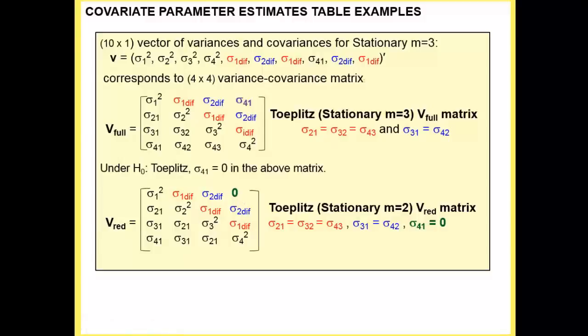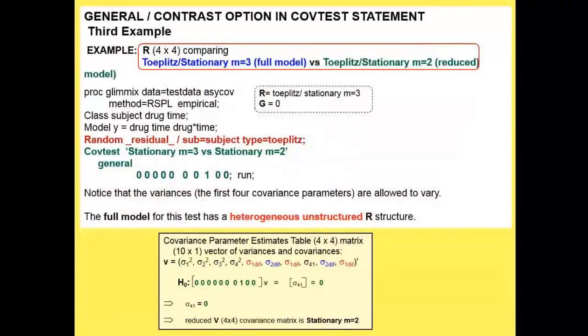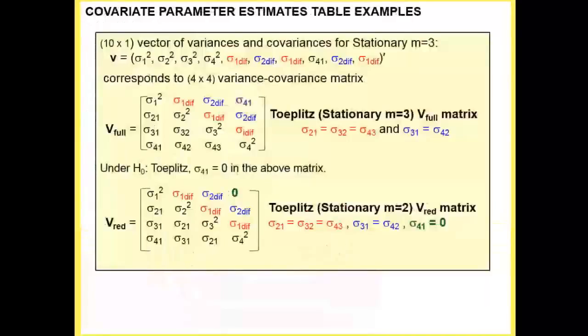So how would I code it to make that happen? At least the logic of it, as it makes sense to me, again, whether it works or not, is to say I'm starting with stationary 3 dependent, and I want to set this one, sigma 4,1, which is the third from the end in this whole vector, equal to 0.